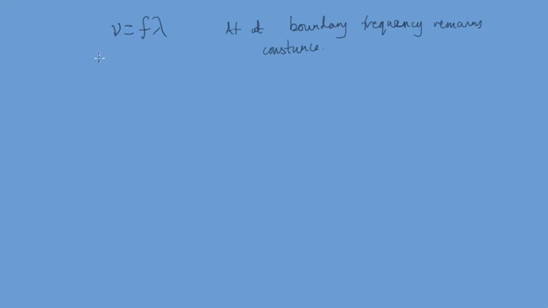So if we rearrange this, we get f equals v over lambda. So here's our n1, our n2, θ1, θ2. So v1 over lambda 1 must equal v2 over lambda 2. So if the speed decreases, lambda must increase.